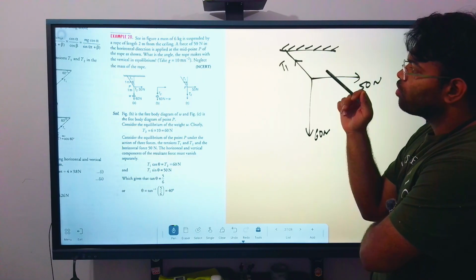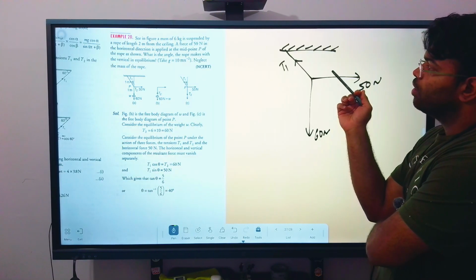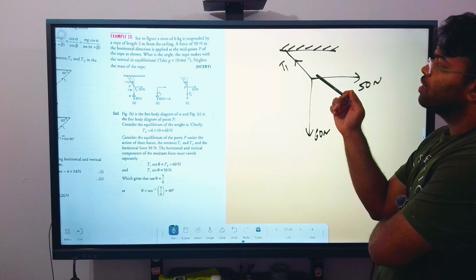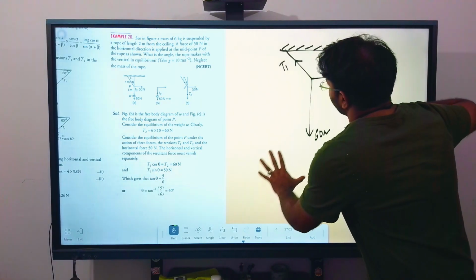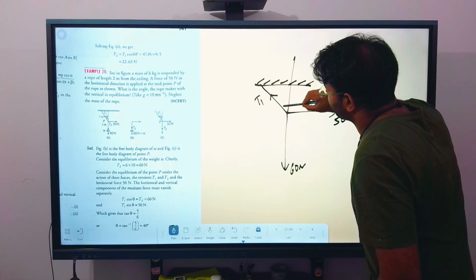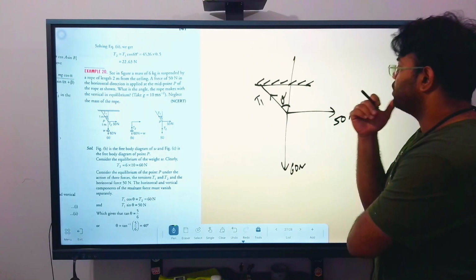A force of 50 newtons in the horizontal direction is applied at the midpoint P of the rope. What is the angle the rope makes with the vertical in equilibrium? We have to figure out the value of theta. We have to figure out this angle theta.